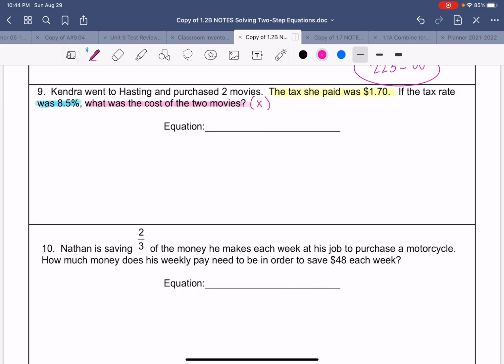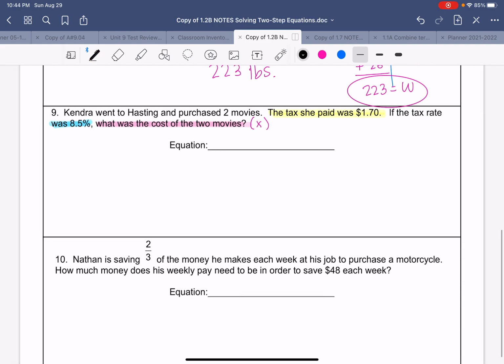All right. So she paid $1.70 in tax. When I think about that, I think that should be our end result. So we know that whatever taxes she paid on the amount that she had on tickets, it resulted in her paying $1.70 in taxes.